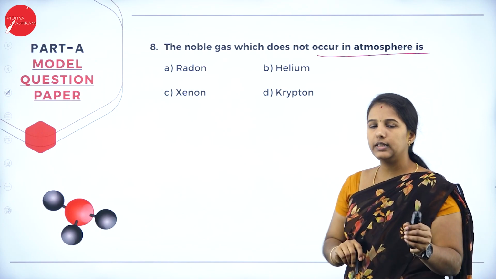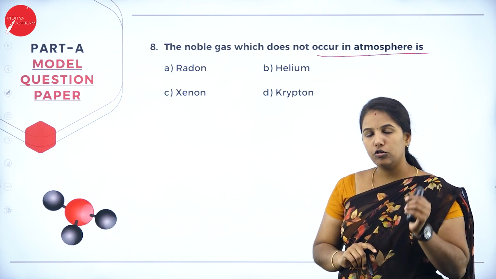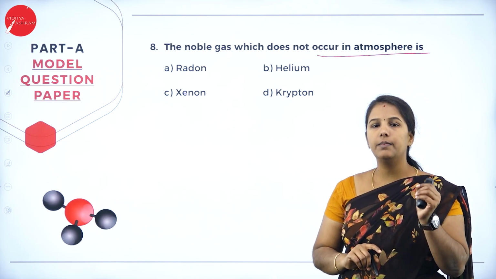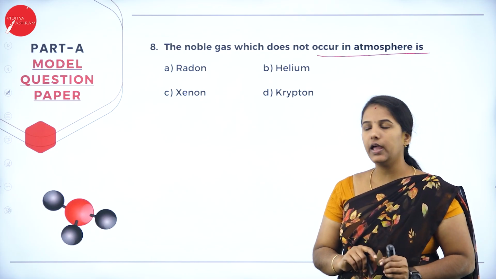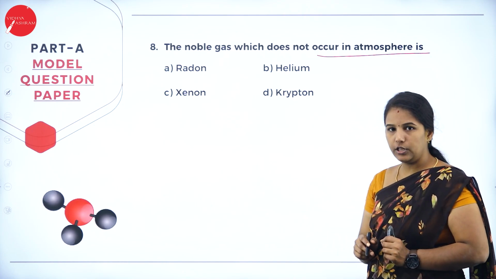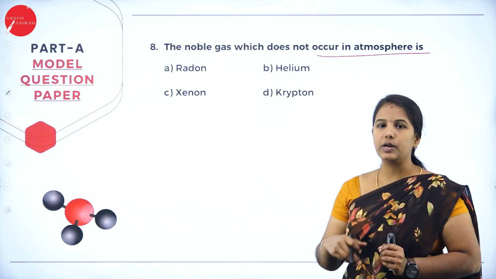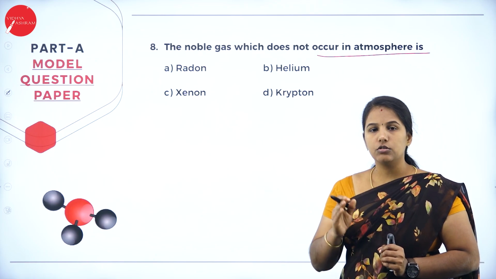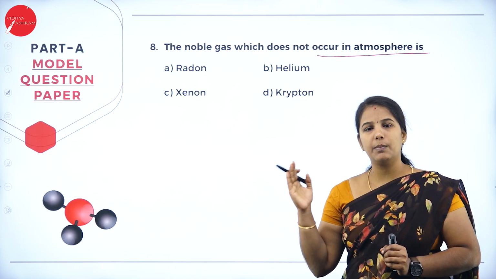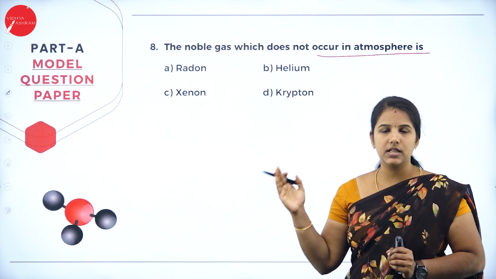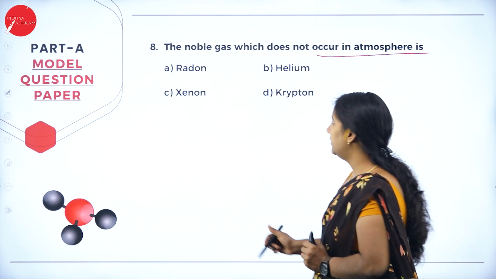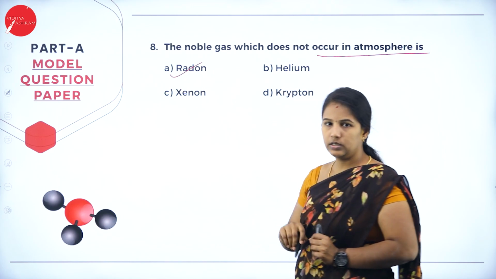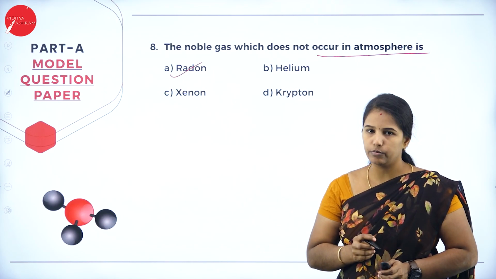So you must know that, as I said, the question from the P block will be mainly asked from the noble gases only. Since it has been asked from the noble gases, you must know in detail about the noble gases. Correct? Noble gases are the elements in group 8 of the periodic table, that is the last group. So that element is nothing but radon, which does not occur in the atmosphere.